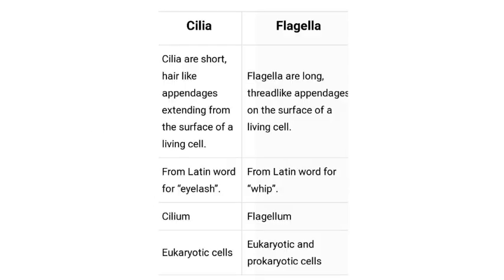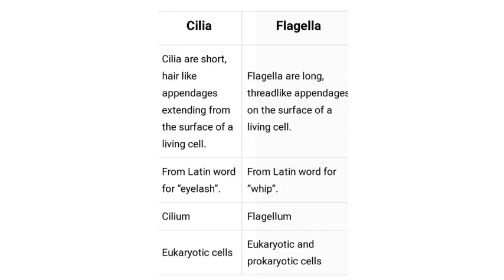So before going to the structure of centrioles, let's do a quick brief comparison between cilia and flagella. What we saw is that cilia are shorter, hair-like appendages from the surface of the living cell, about 5 to 10 micrometers in size, while flagella are long and more thread-like appendages of the cell surface, up to 150 micrometers in size.